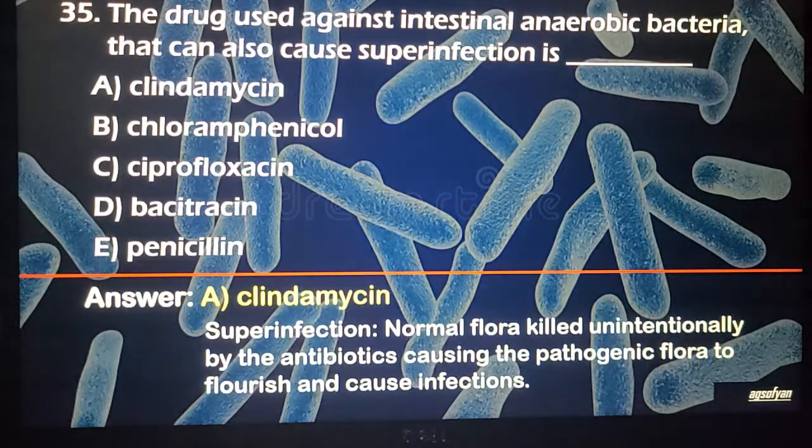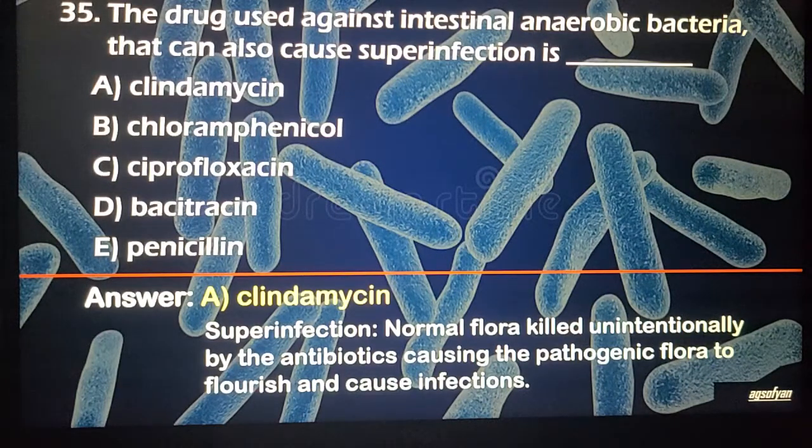The answer is clindamycin. So this is the drug that used for treatment anaerobic bacteria in the intestine. But this clindamycin is not only kill the pathogenic bacteria, they also kill the normal flora, the flora that benefit us.